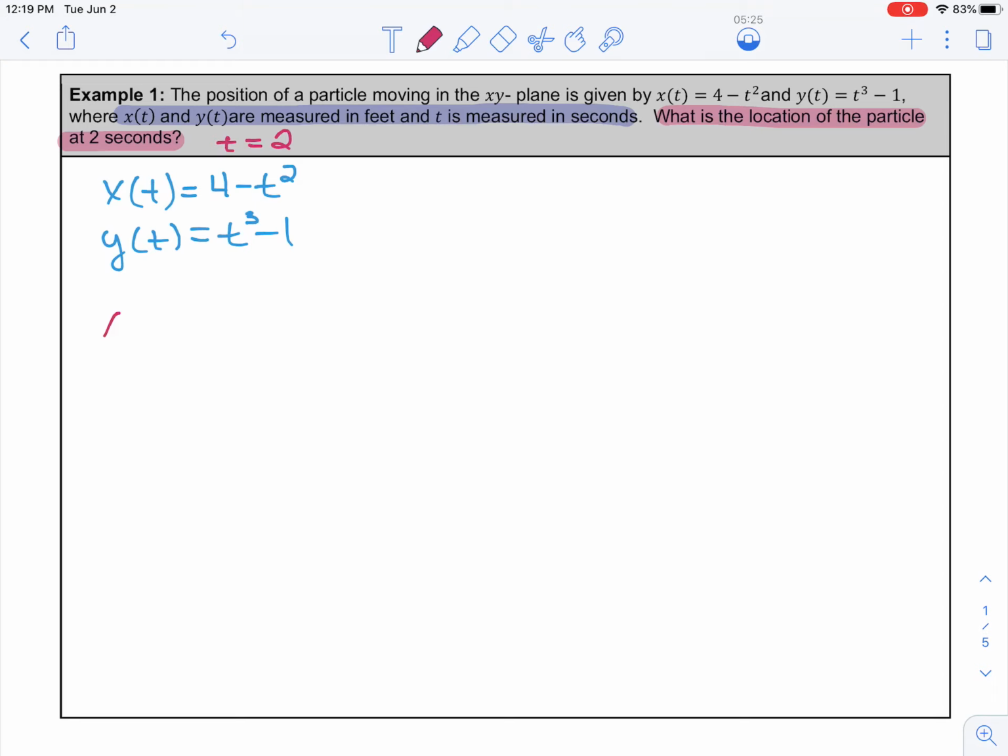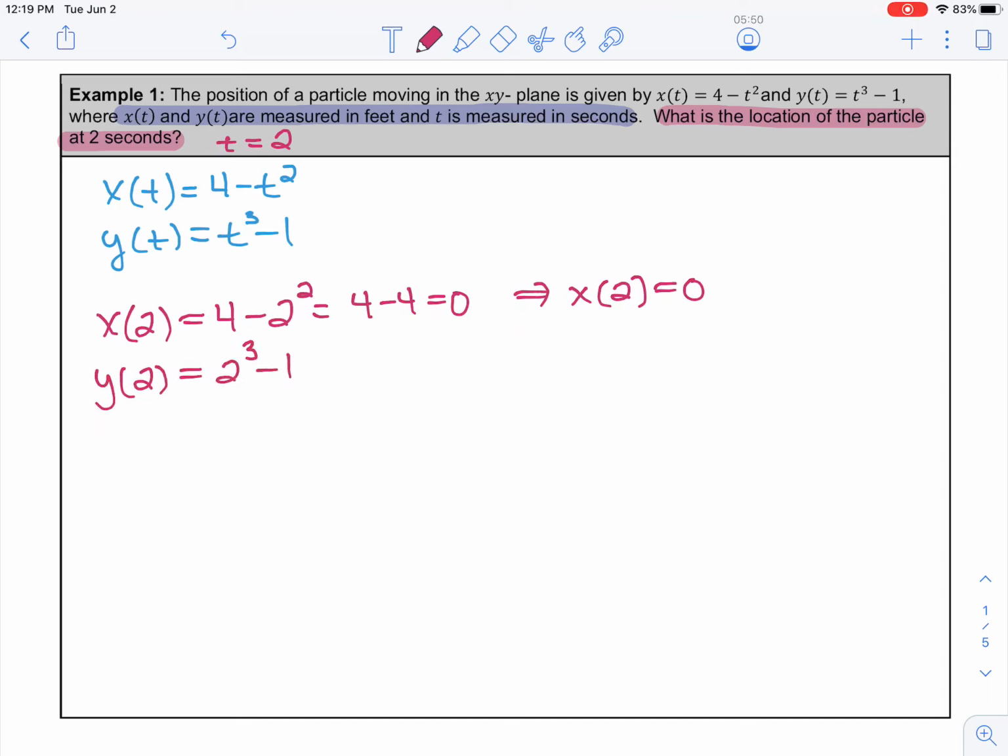So x of 2 becomes 4 minus 2 squared, which is 4 minus 4, or 0. So x of 2 is equal to 0. Then y of 2 is equal to 2 cubed minus 1, which is 8 minus 1, or 7. So y of 2 is equal to 7.